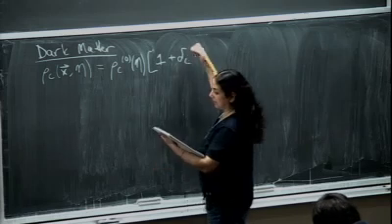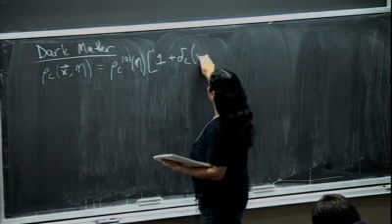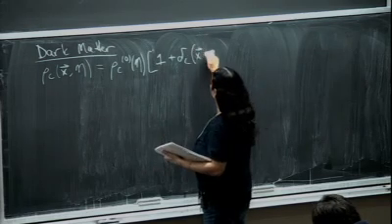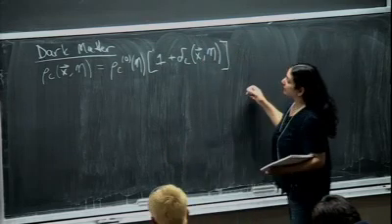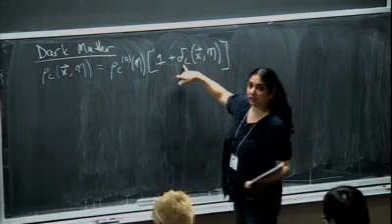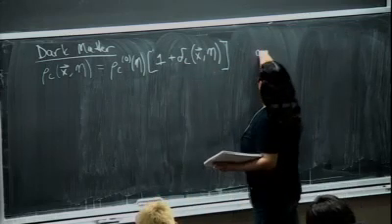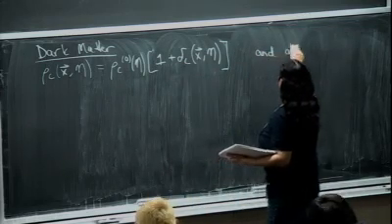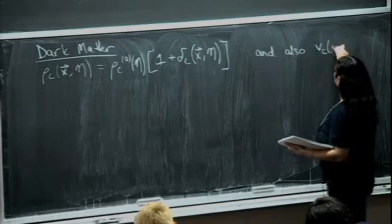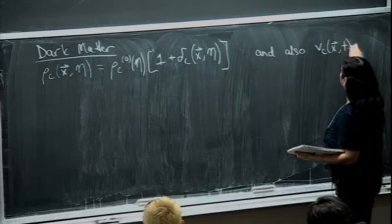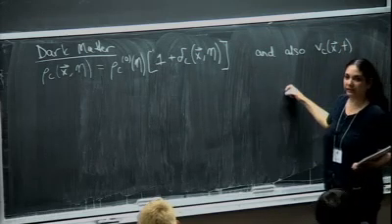This is our dark matter perturbation as a function of eta. We're also going to have a dark matter velocity as a function of x and t.